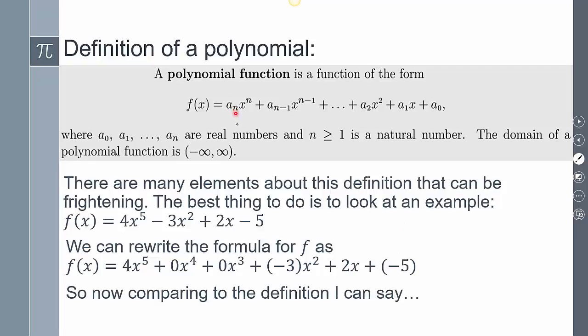Now it may seem weird, why am I writing these n's or n minus 1? These are just locators. That is just so I'm saying that this n is referring to this power here. This would be n minus 1, so if this was a 5, this would then be a 4. Well, this would say a sub 4, and I'd say that my a sub 4 is the leading coefficient here. And so this is just terminology that allows us to locate the various elements of our polynomial.